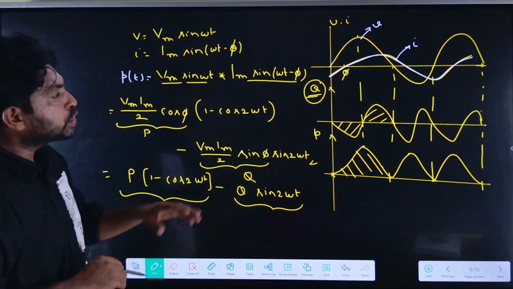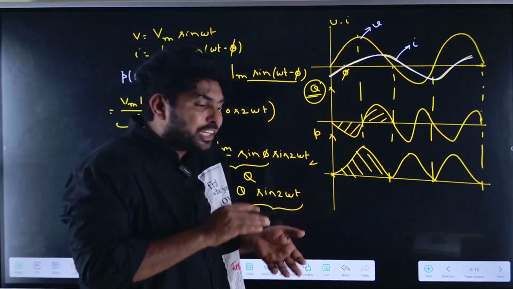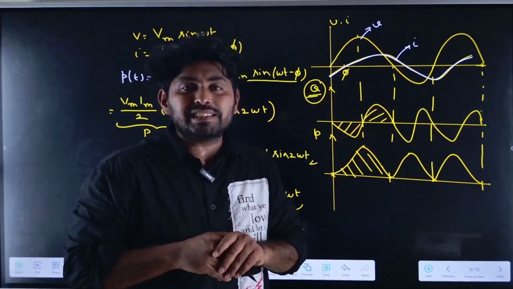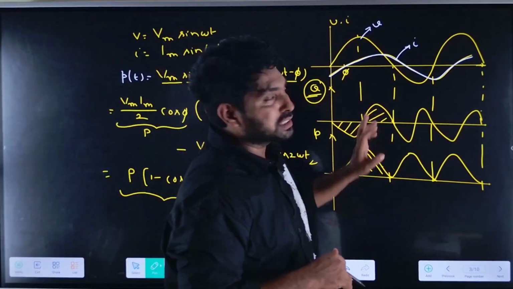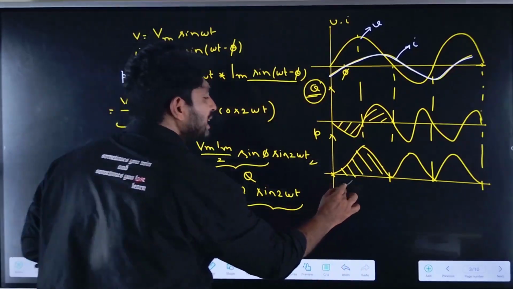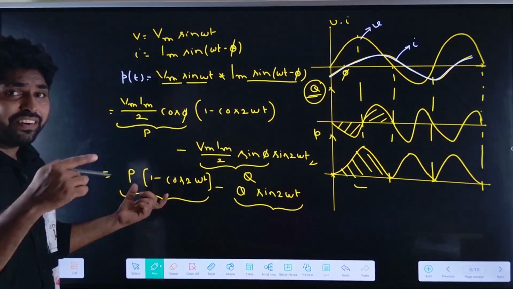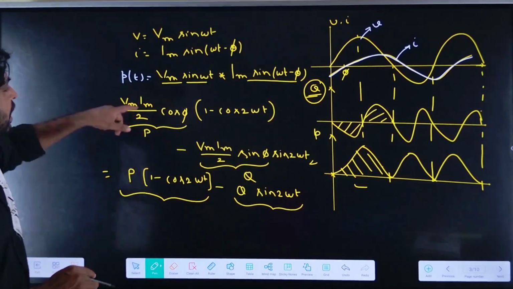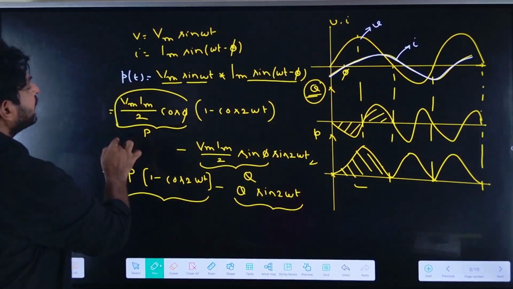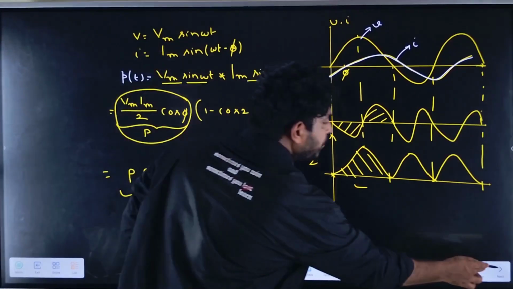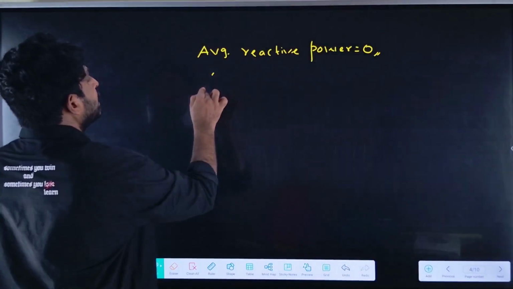If I find the reactive power, it oscillates. Sometimes it is positive and sometimes it is negative. So this is the reactive power. If I find the average active power, it is Vm Im by 2 into cos phi, which is V I cos phi.